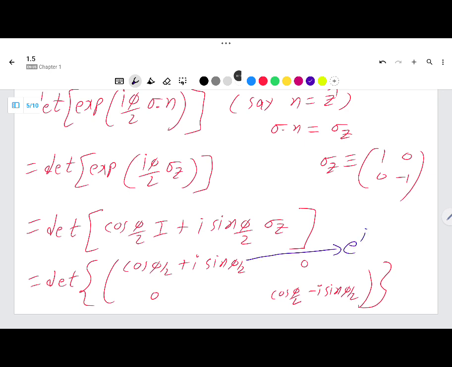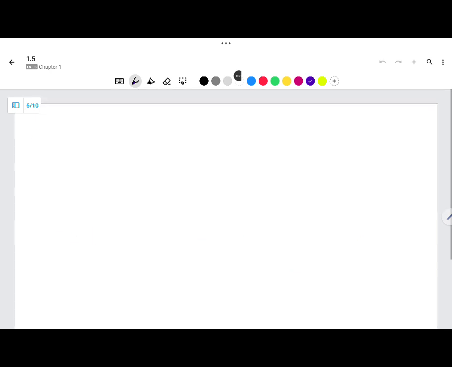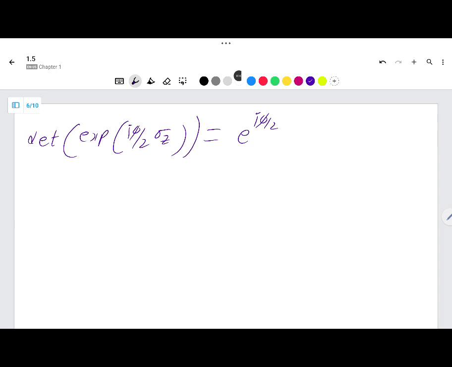This is e to the power I phi by 2, this is e to the power minus I phi by 2. And if we take the determinant now, we will have e to the power I phi by 2 multiplied by e to the power minus I phi by 2, which should be 1.